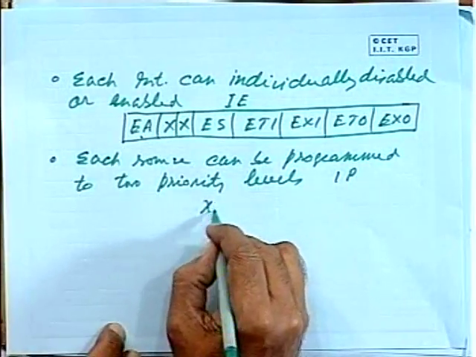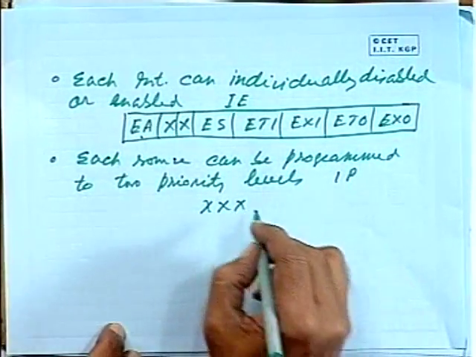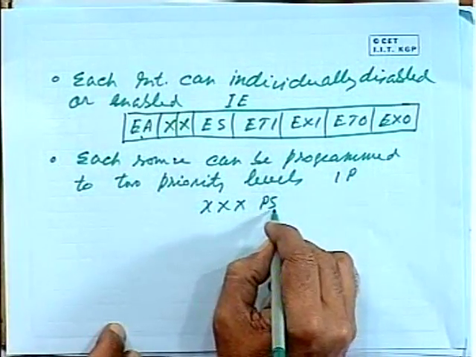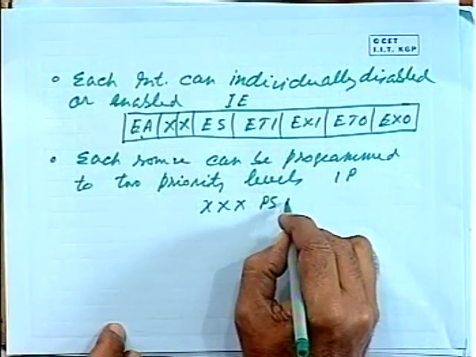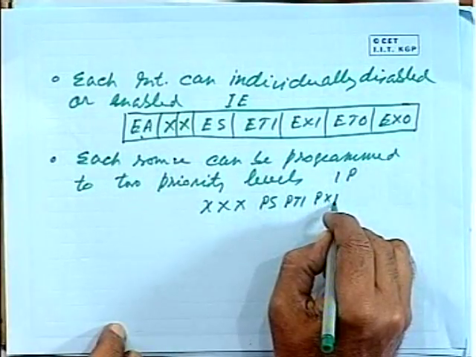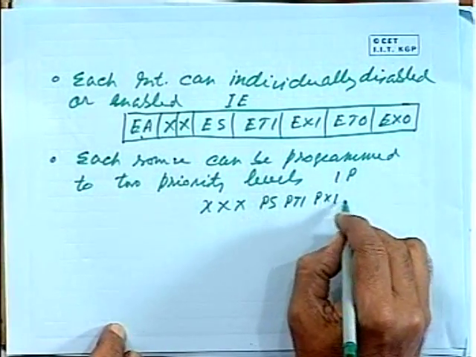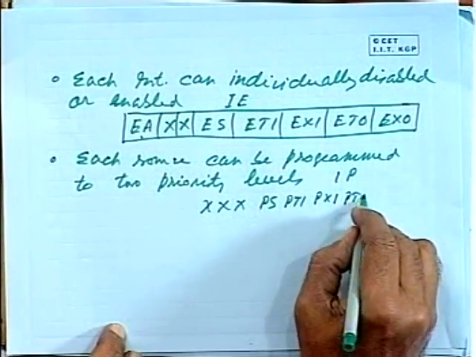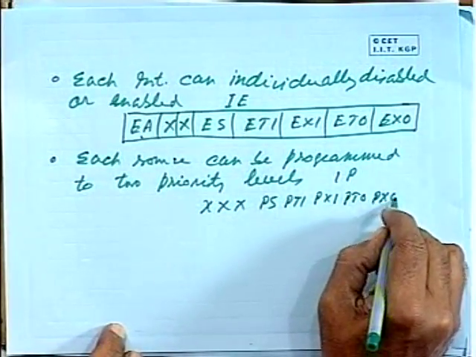There also the higher order 3 bits are not used, and then PS stands for the priority of the serial line, then PT1 for timer 1, then priority of external interrupt 1, then priority of timer 0, and this is your priority of external interrupt 0.